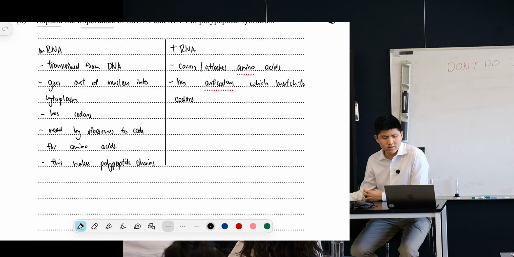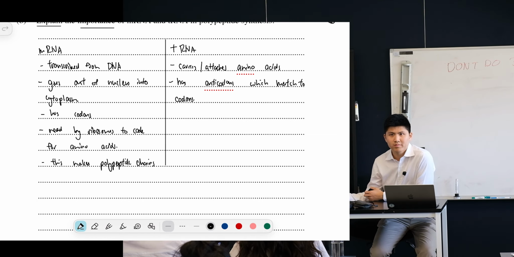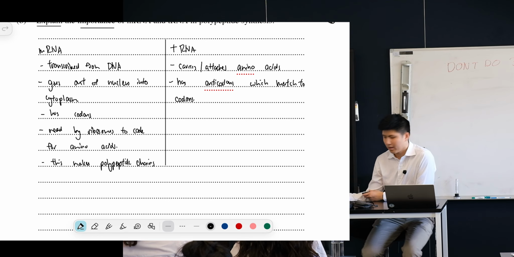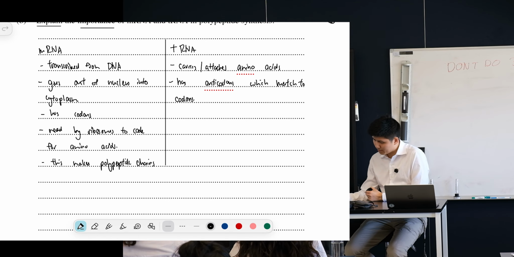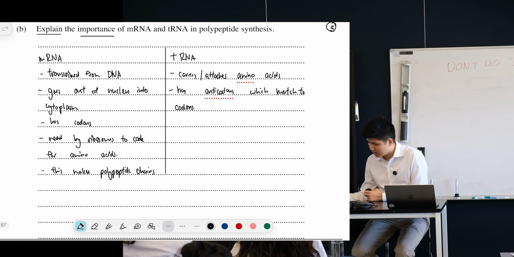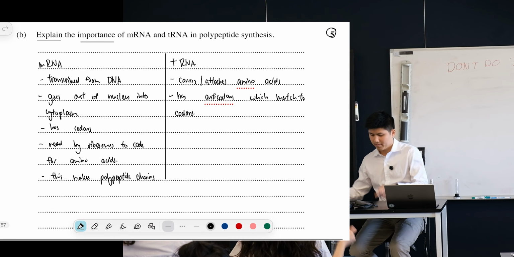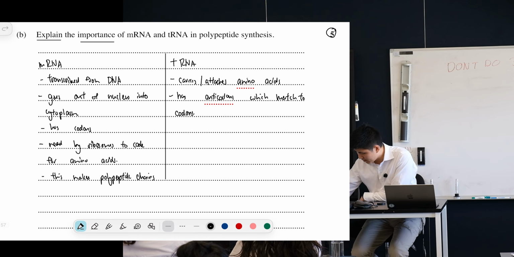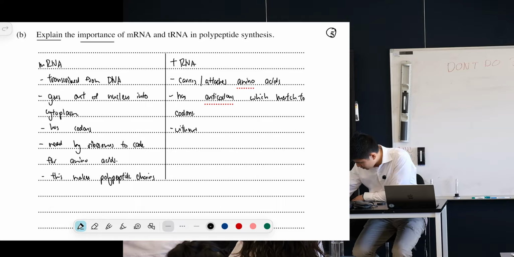What else should I say? The importance of proteins. You need mRNA and tRNA to make proteins. Yeah, that's true. So without tRNA, I'll just say no amino acids, therefore cannot form proteins.